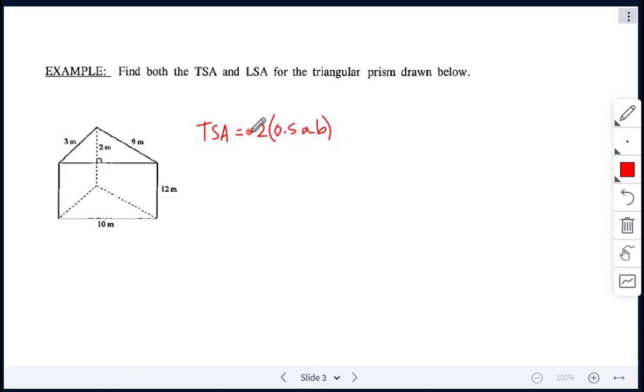Then we are going to have three rectangles. The first rectangle will be base times height. The second rectangle will be X times H. And the third rectangle is Y times H. So 10 we're using for B, and X, we'll just call this one X, 3, and then this one we'll call the Y.